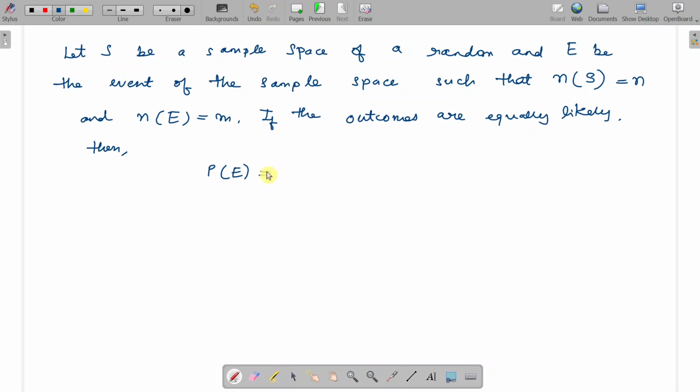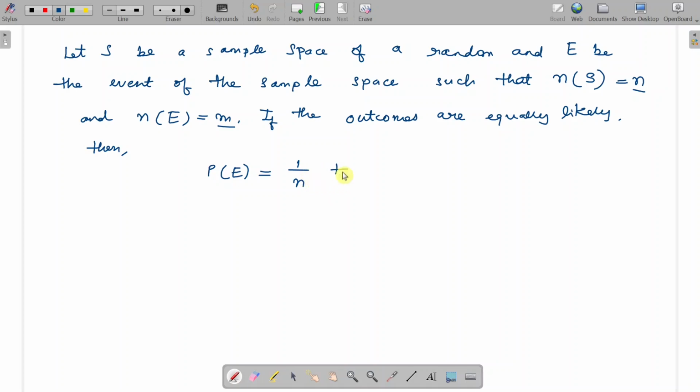So there are m outcomes in E, right? So what we will have is 1 by n, because you know that if the outcomes are equally likely and the number of elements in the sample space is n, then the probability of each outcome in the sample space is 1 by n.